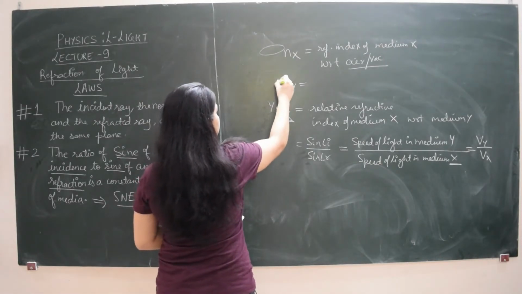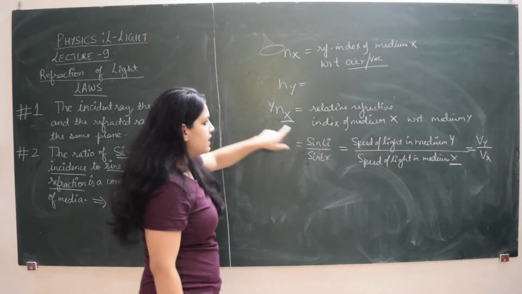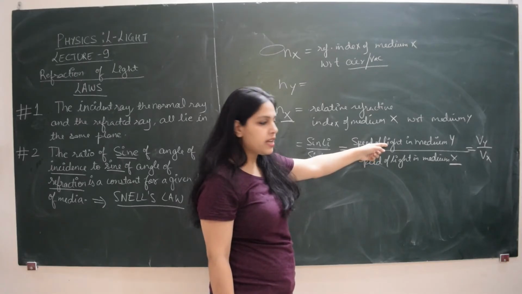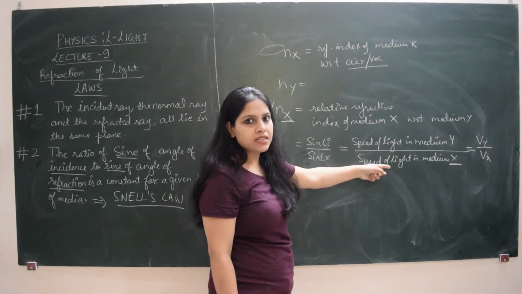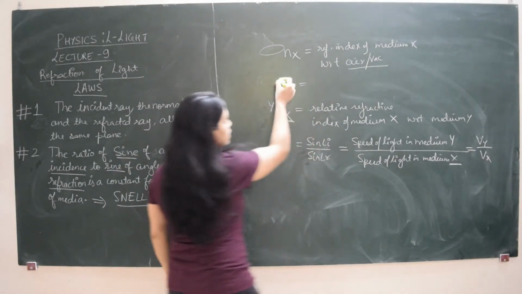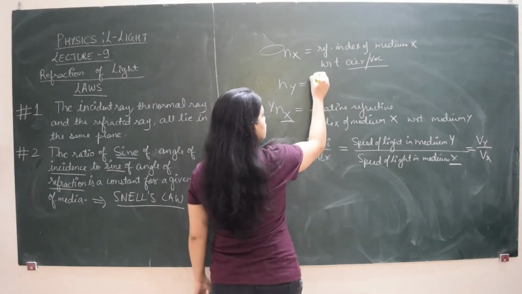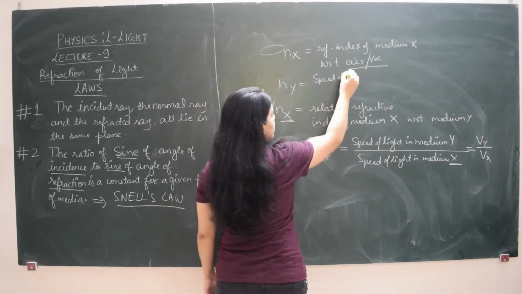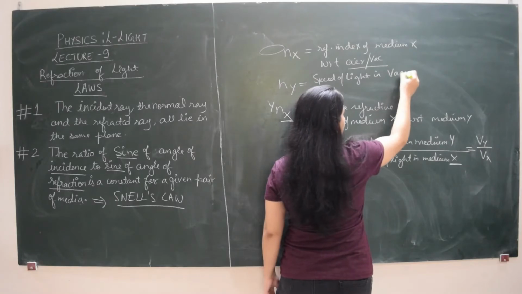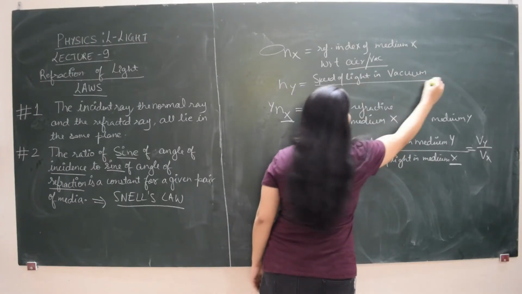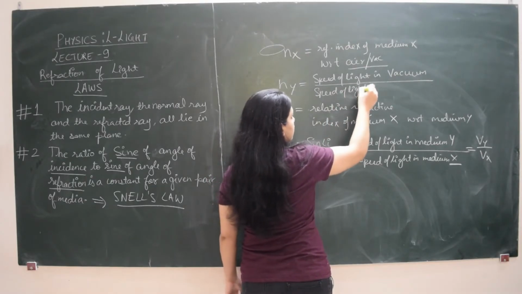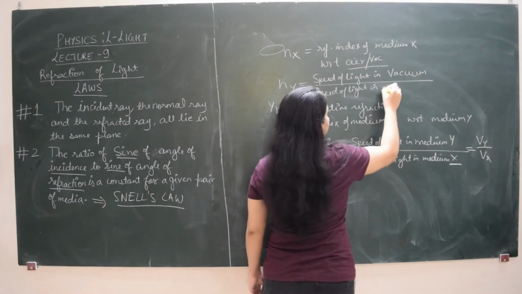So using this theory only, that refractive index is related like this: speed of light in medium y, the one where incident ray was there, divided by speed of light in medium x, the one where refraction is taking place. We can solve this also. So this will be, here the first medium is vacuum. So this also becomes speed of light in vacuum divided by speed of light in medium y.